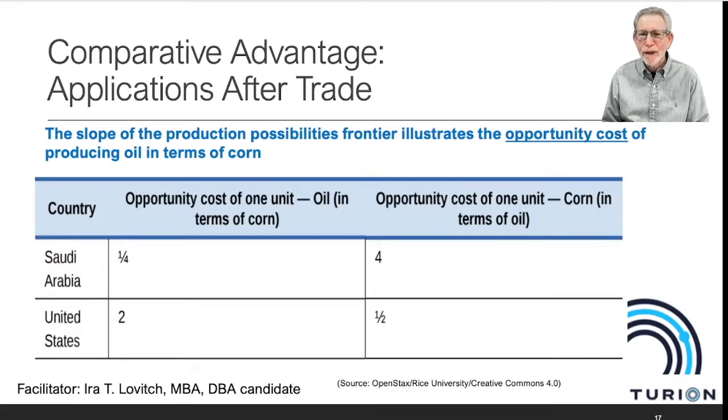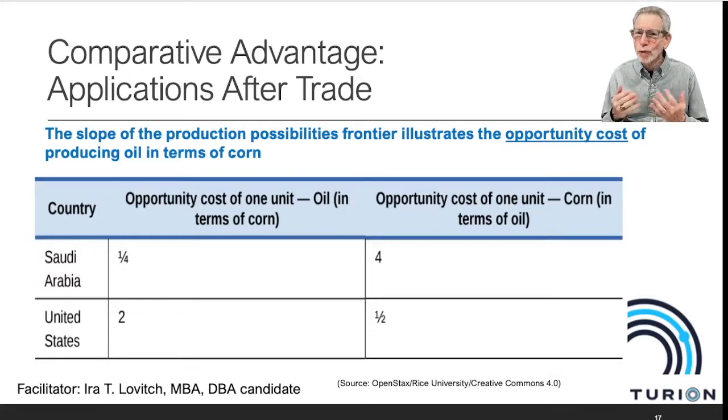The PPF illustrates the opportunity cost, because we're not only seeing the maximums or the combinations of possible goods, it's also demonstrating what the cost in oil is for Saudi Arabia to shift to more corn and vice versa, and what the cost of corn is for the United States to shift to more oil. We're assuming again that people want to drive in both societies and they want to eat.